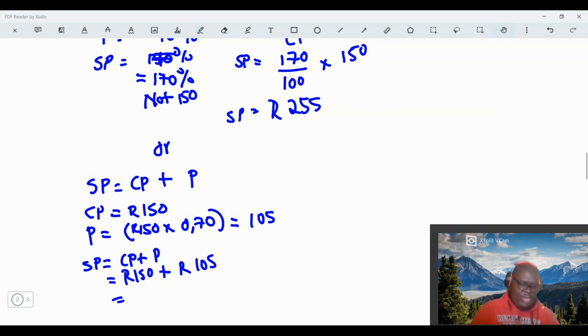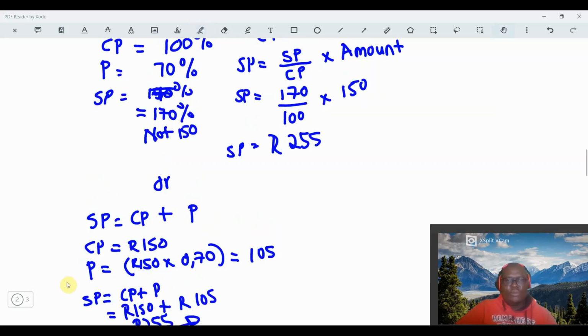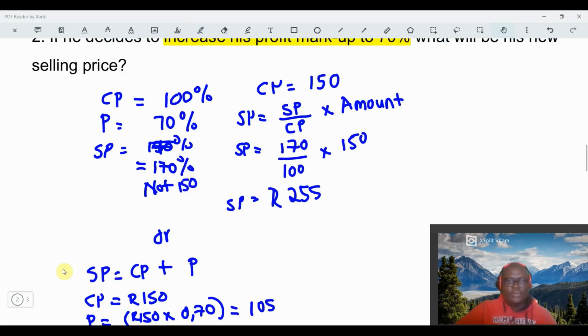So 150 plus 105 gives us R255. So we have R255. So you've already done that calculation. You are sorted with this question too.